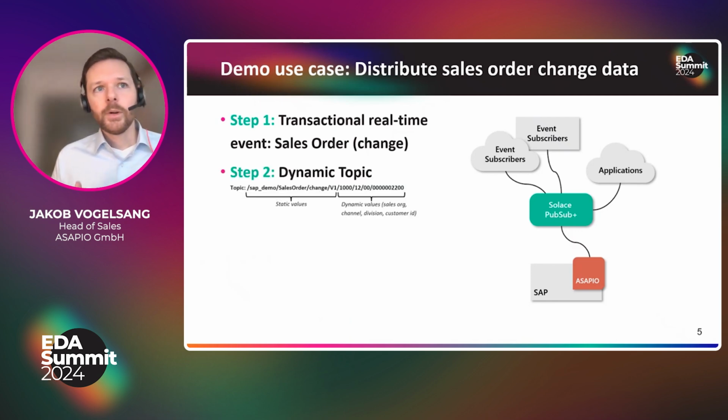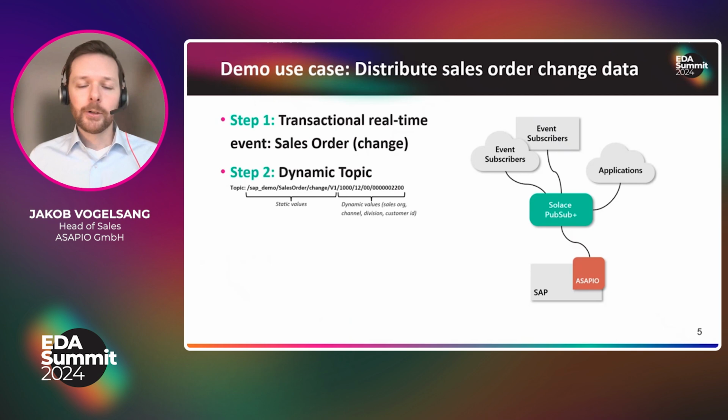Next, in step two, we are going to configure a dynamic topic within ASAPIO. Such dynamic or smart topics allow you to structure your more complex events. As you can see here in the URL path, we will have 8 different hierarchy levels in our topic definitions.